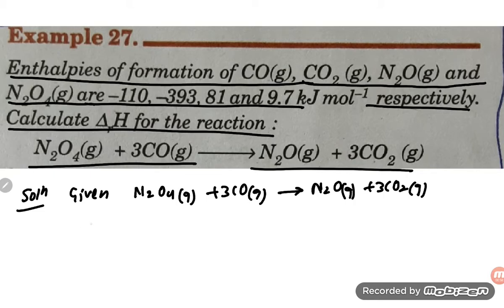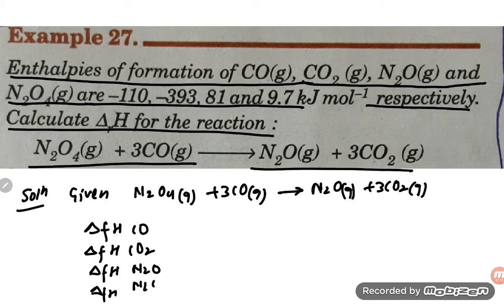Here is another thing they have given, enthalpy of formation: delta FH of CO, delta FH of CO2, delta FH of N2O and delta FH of N2O4. These are there, dear students.